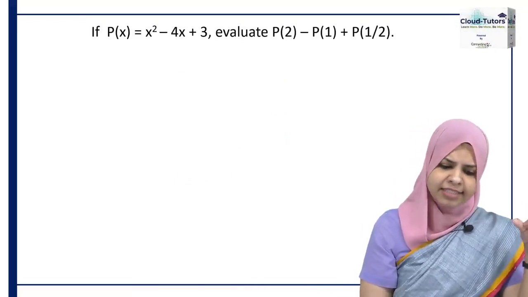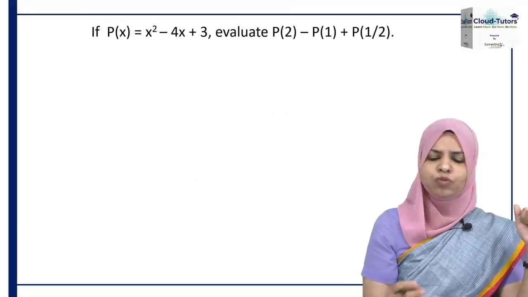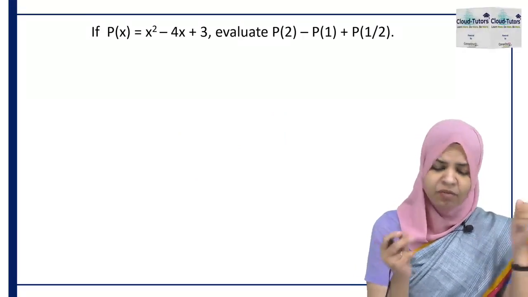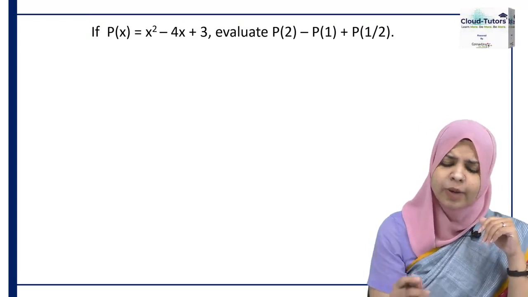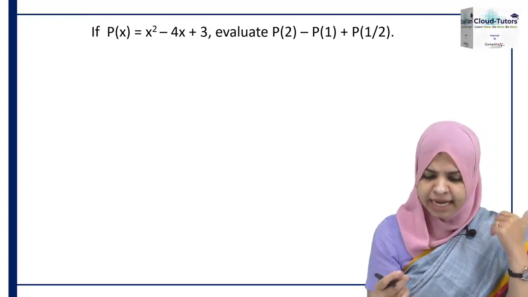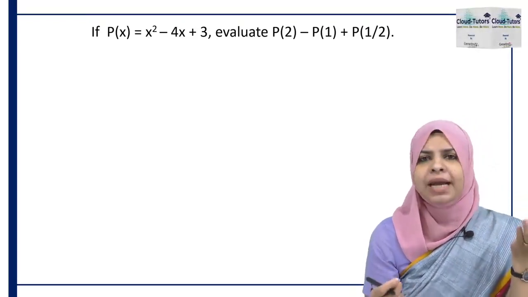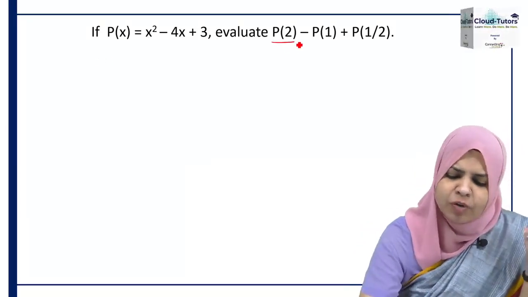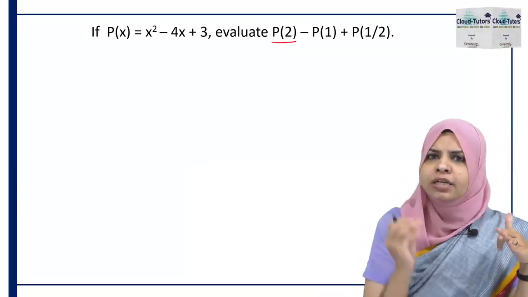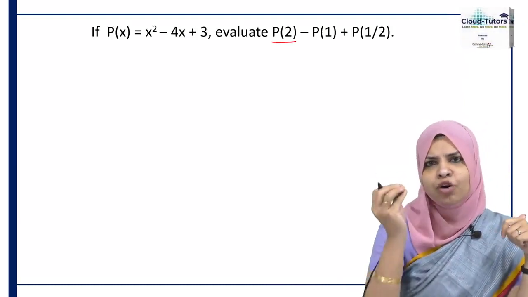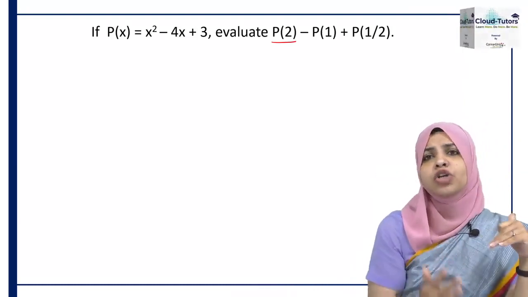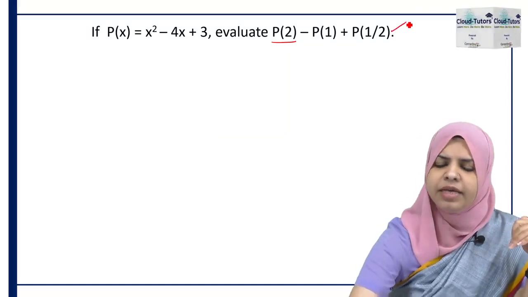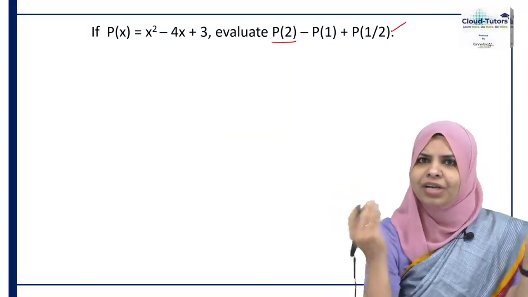If p of x is equal to x square minus 4x plus 3, evaluate p of 2 minus p of 1 plus p of half. So let's do this. What do we do? First, let's find each value of the polynomial, and then we will substitute in the given expression and solve it.